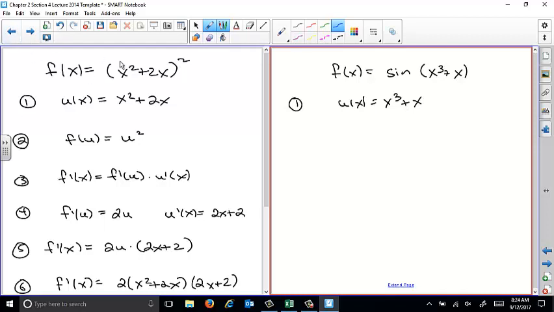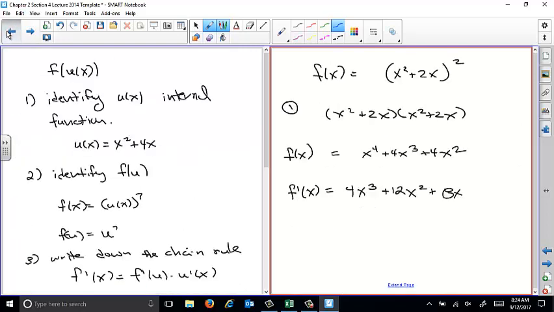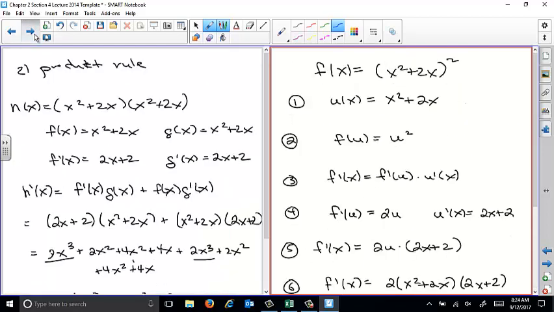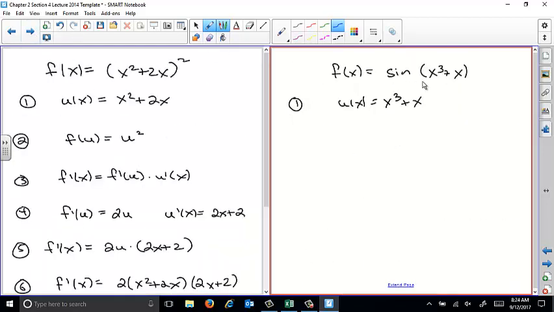Notice that this was in parentheses when I did the first problem. In this case, I did put parentheses around this so that I knew this was the entire argument. So typically, most of the time, u of x is in parentheses or in the square root of something.